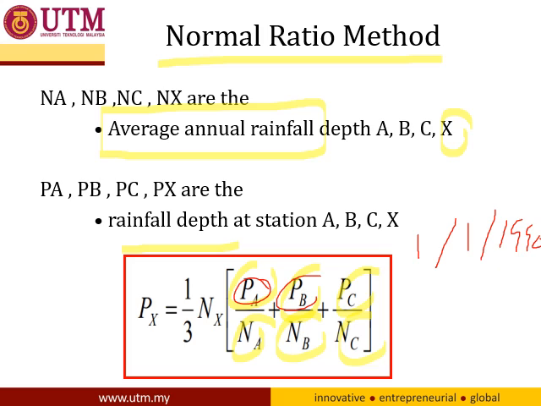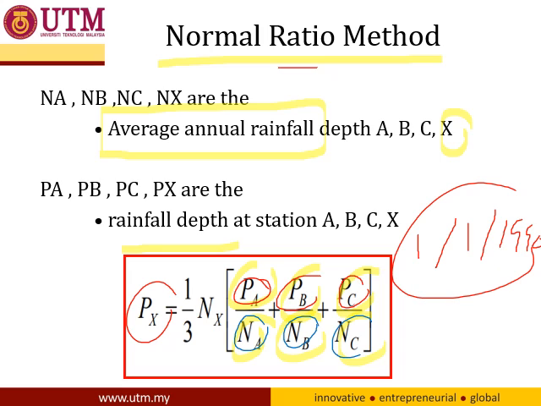PB is also the same date. We want to find the rainfall data of station X during this period. So you have to get some kind of ratio, against the average annual rainfall for each station. So you need to have the annual rainfall data.